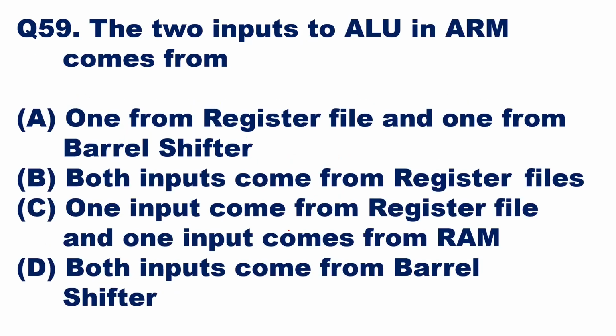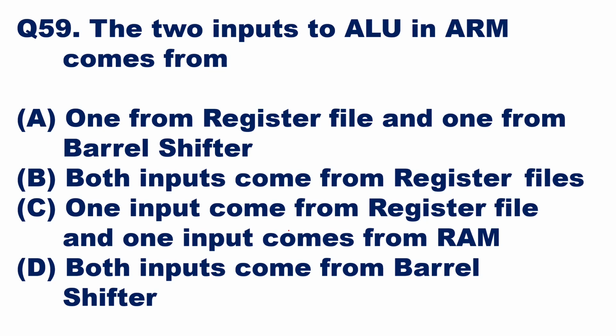Question number 59. The two inputs to the ALU in ARM come from. Options are: A, one from register file and one from barrel shifter. Option B is both inputs come from register file. Option C is one input comes from register file and one input comes from RAM. And option D is both inputs come from barrel shifter.